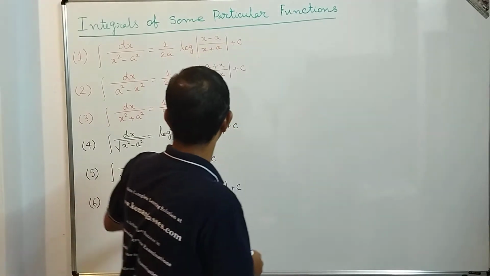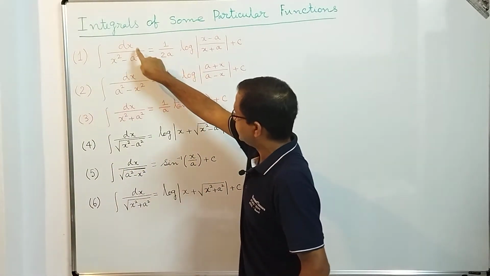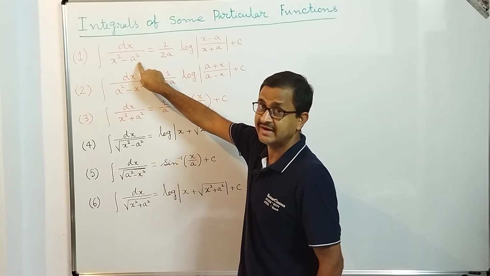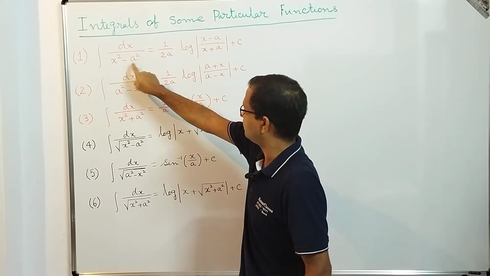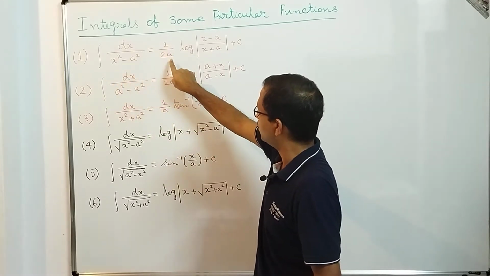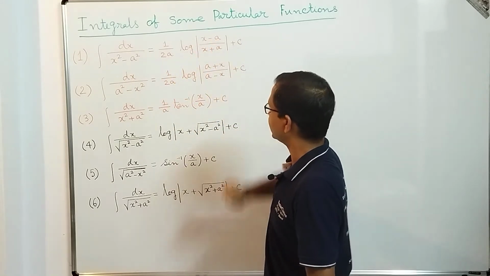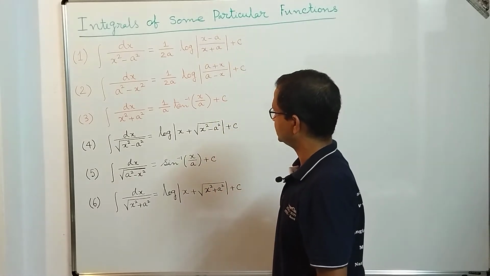The first one: let me first give you the idea. Integral of dx by x square minus a square, where a is a real number and x is the variable of integration, is equal to 1 by 2a into log of mod x minus a by x plus a plus c, where c is a constant of integration.